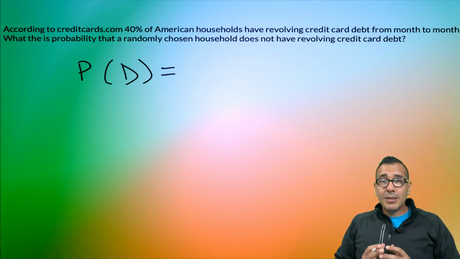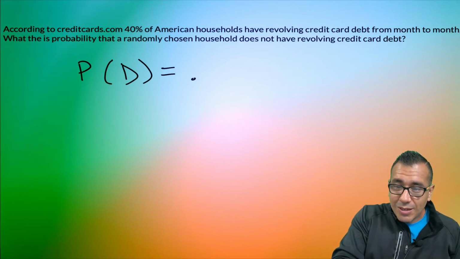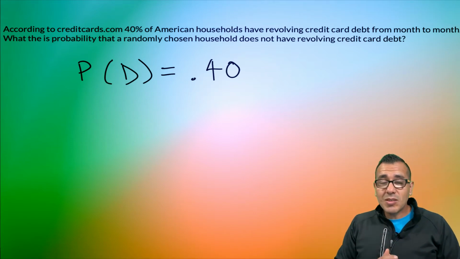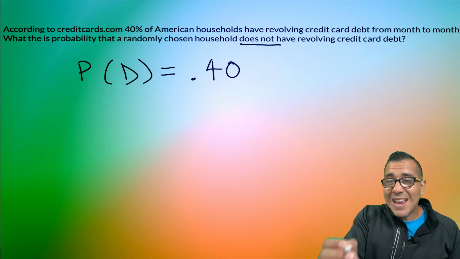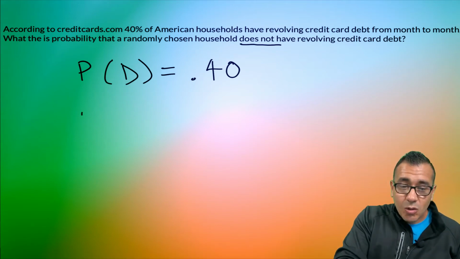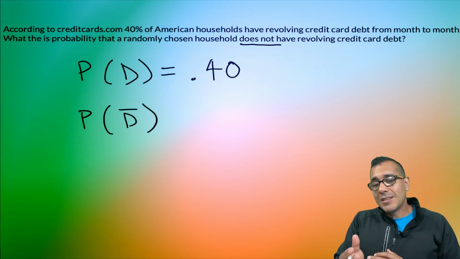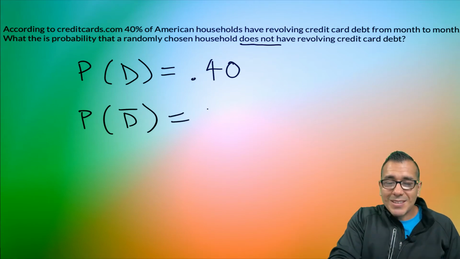The probability that a household does have credit card debt, we just noted that it's 0.40, right? So the question is saying, what is the probability that a household does not have it? So what they want is that complement. If we know one is 0.40 or 40%, then the complement is simply 1 minus 0.40.